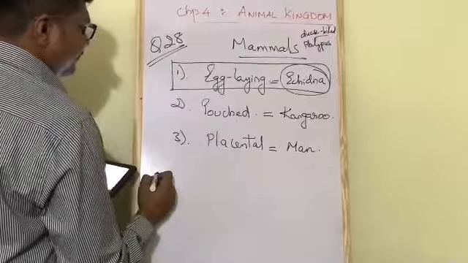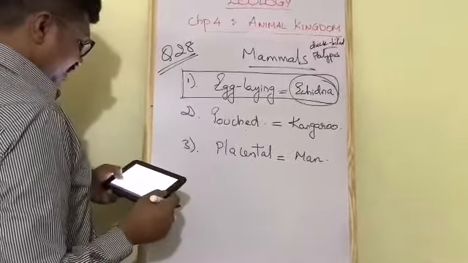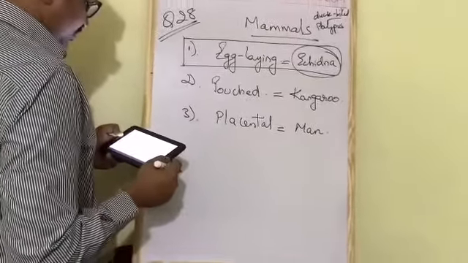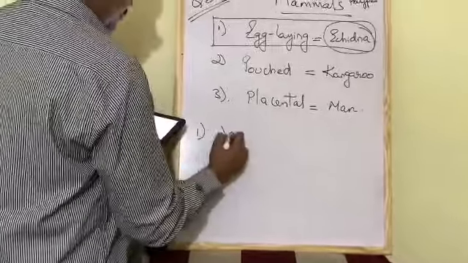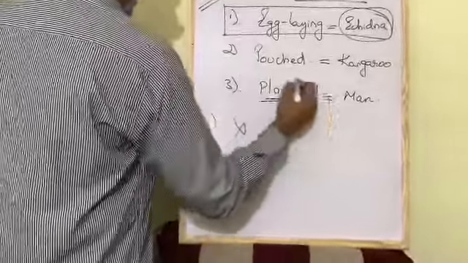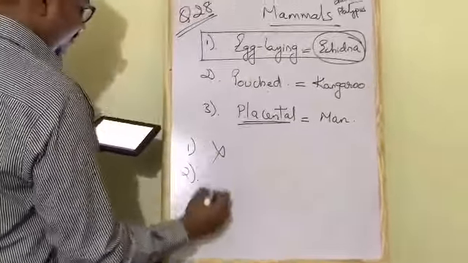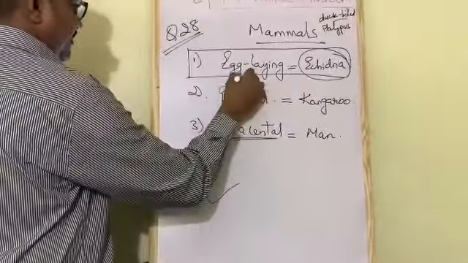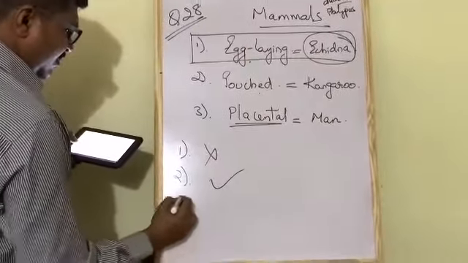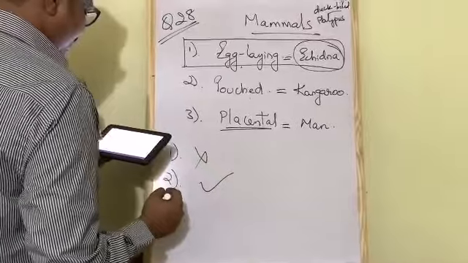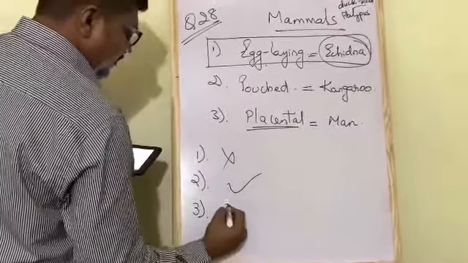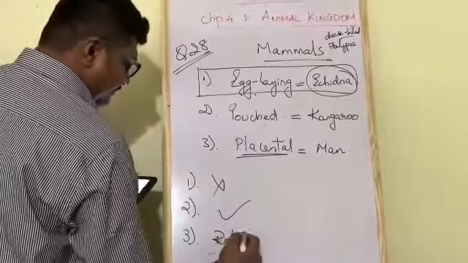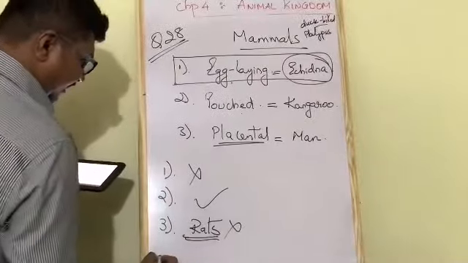option number 1 is talking about Eutheria. Eutheria is placental mammals. Second option, Prototheria, which is correct because it is egg-laying mammals. Option number 3 is Rodentia, which we talk about rats, which is incorrect.